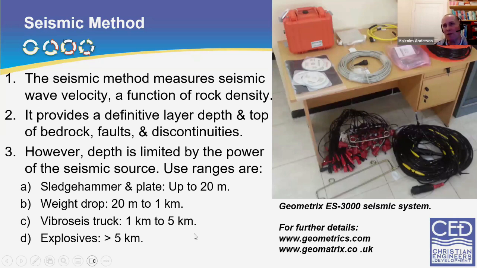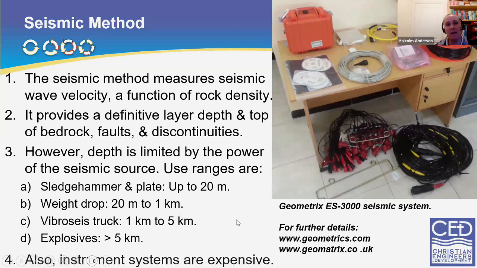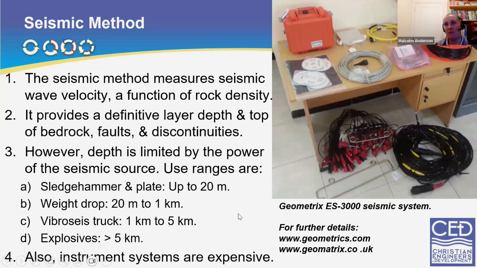So long story short, the seismic method isn't that useful for groundwater studies because there's no feasible wave source that's in the right price bracket. The instrument itself is also quite expensive, so as a whole, that's not something that we use.